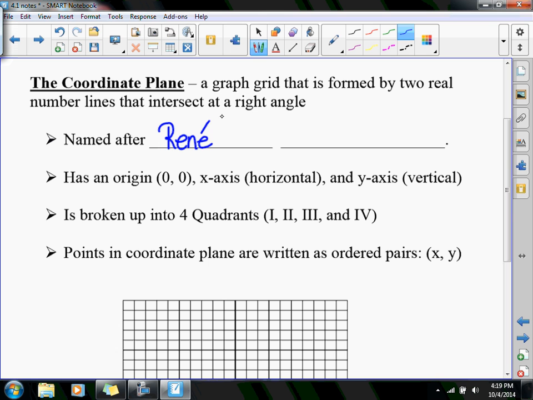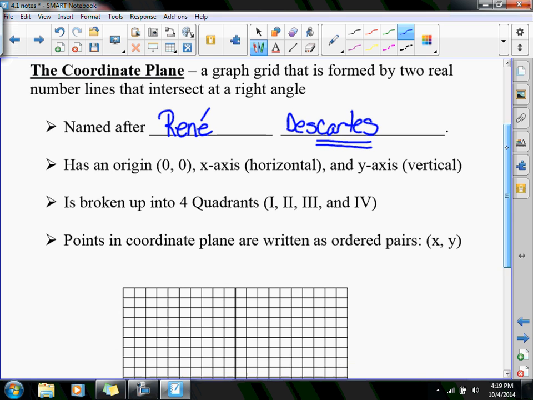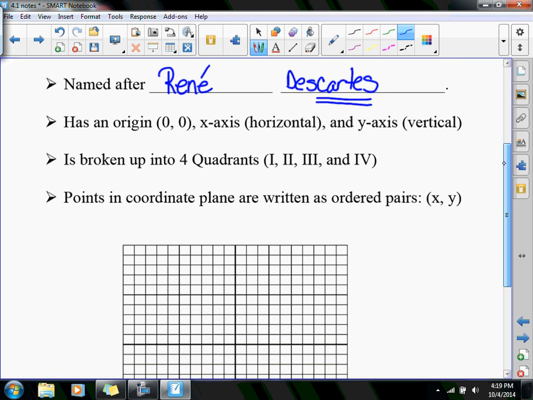He is an old mathematician and philosopher. He was French, and he came up with this graphing system, and he actually decided to call it the Cartesian coordinate plane. He named it after himself, René Descartes and Cartesian. So that's just an interesting little trivia fact there for you.